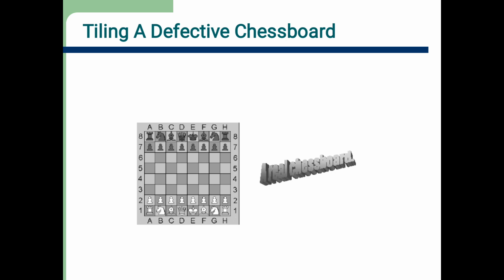Given an n by n board, you are seeing on the screen, this is like a chessboard. That's why this is called a defective chessboard.